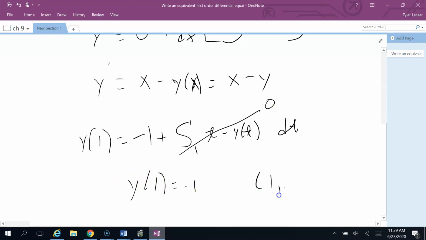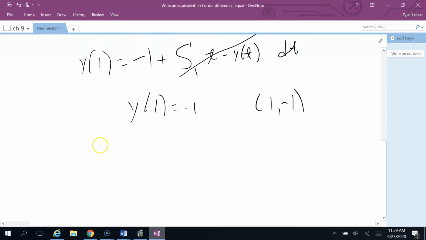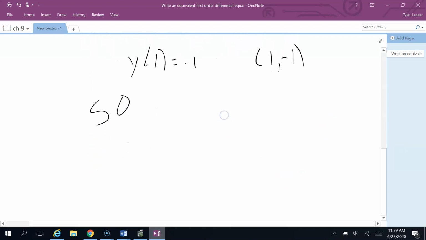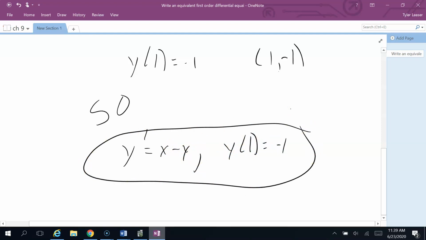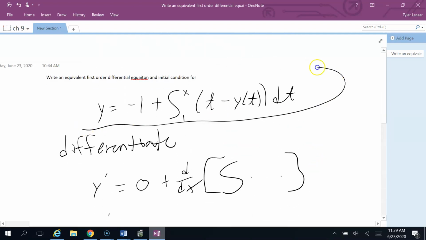In other words, the ordered pair (1, -1) is the initial condition. So the differential equation y prime equals x minus y, with initial condition y of 1 equals -1, is the exact same thing as that. Cool. So that's the answer to that homework question.